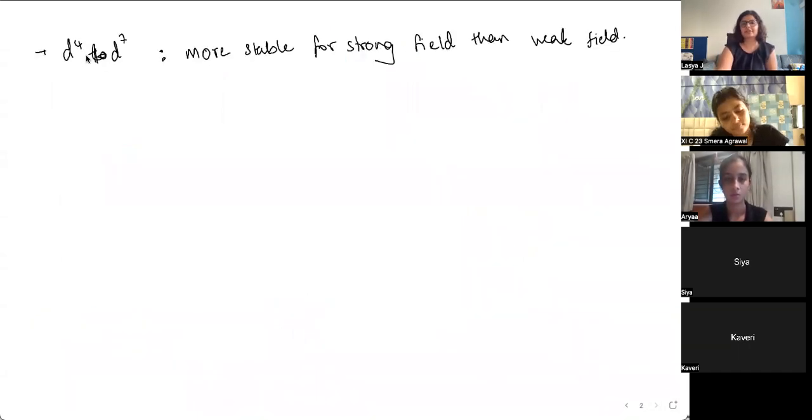Generally, suppose you have metals that are in d4 to d7 configurations, you have more stable complexes for strong field than for weak field.